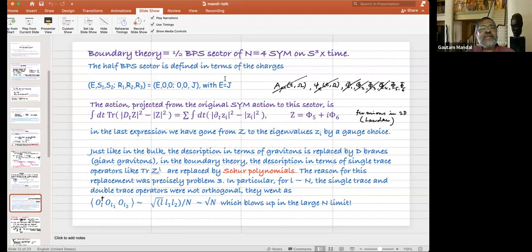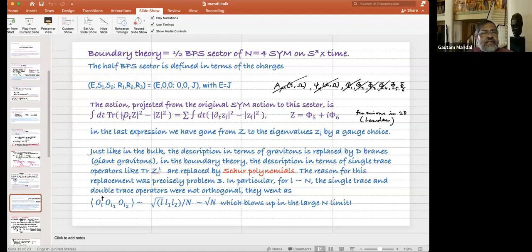But then again, this E equal to J condition says that you must construct a complex combination of phi 5 and phi 6, and let's call this matrix Z, and the half BPS operators are basically single traces and multiple traces of this matrix Z.